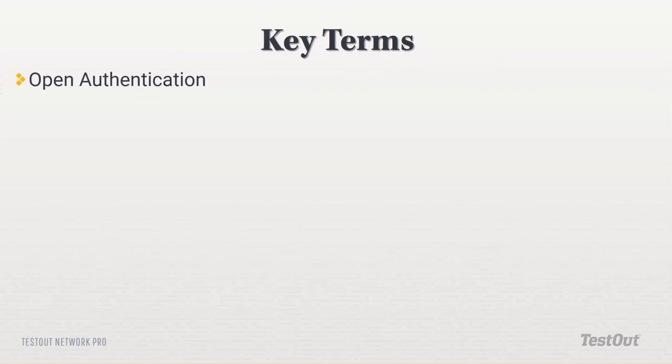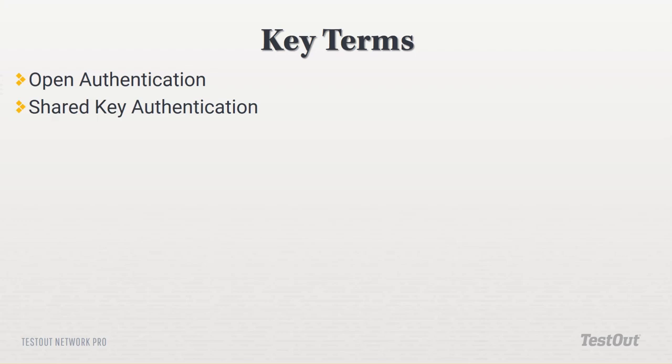So, we're talking about open authentication, and that's nothing more than allowing any MacBook, any laptop, any iPhone, any tablet that has a MAC address, which is really nothing more than your wireless network card. And the wireless controller or the access point, depending upon how you're actually connecting, is just looking for a MAC address. You have a MAC address, okay, you can now authenticate on the network.